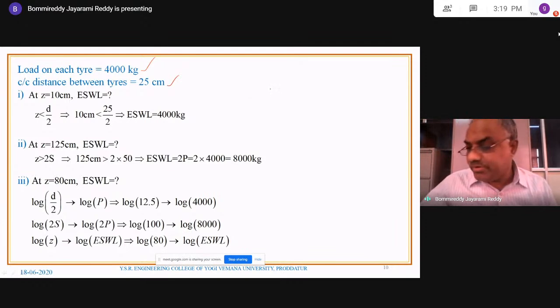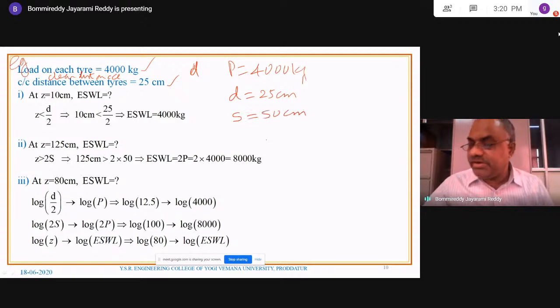It is not the center to center distance, so it is the clear distance. It's an example. The clear distance D between the two wheels is say 25 centimeters, and the center to center distance S is say 50 centimeters.